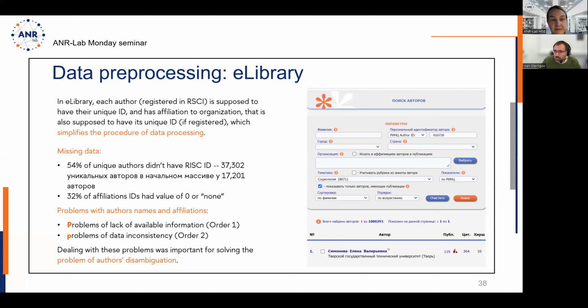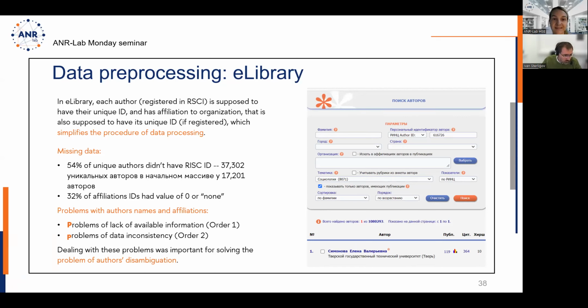Out of 37,000 unique authors, only 17,000 had their IDs. And as for affiliations, in a third of all affiliations we had value 0 or none.